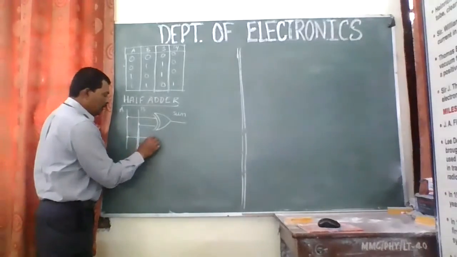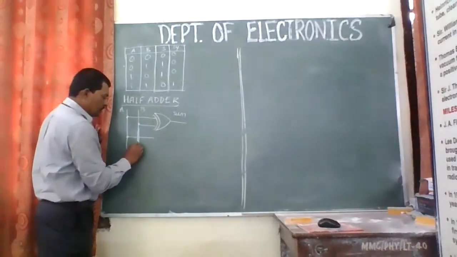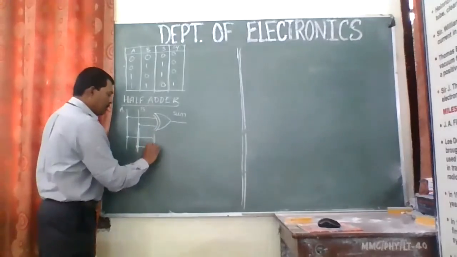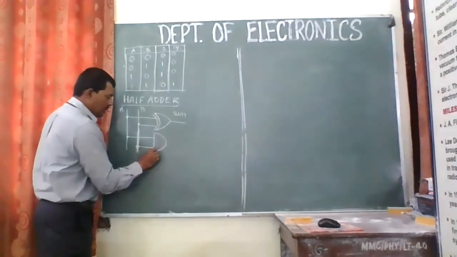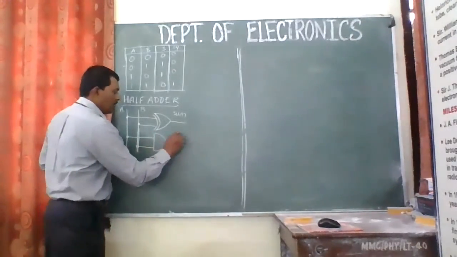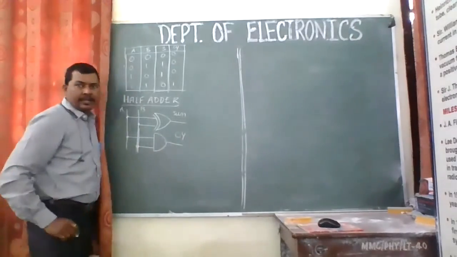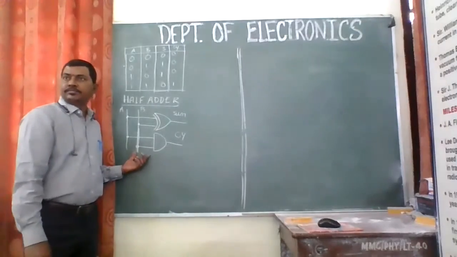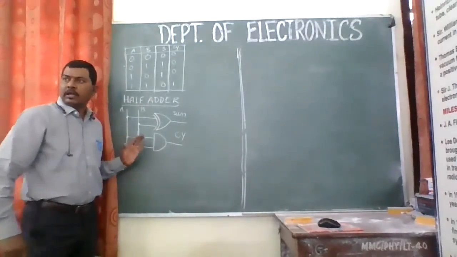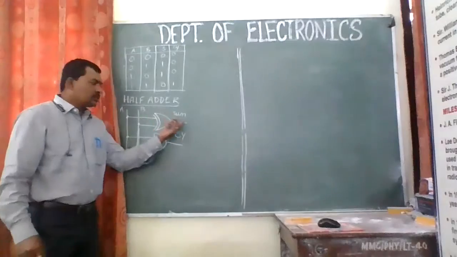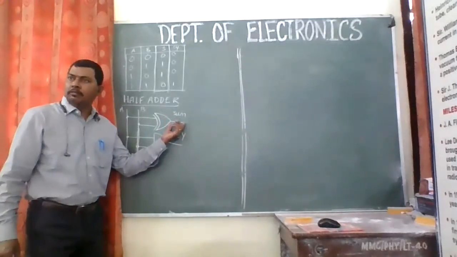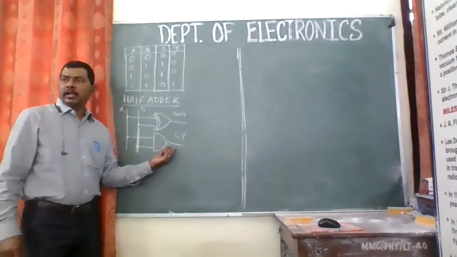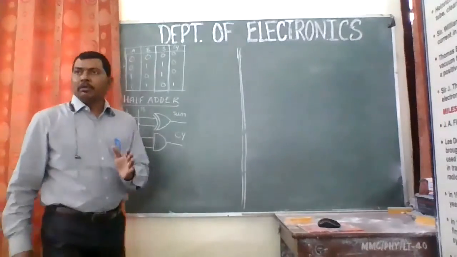Then for carry, I'll be again using the same two lines and I'll be giving it to an AND gate. And I will be calling this the carry. So this will become a half adder. It will work as a half adder. This terminal we will call sum, and this terminal we will call carry.